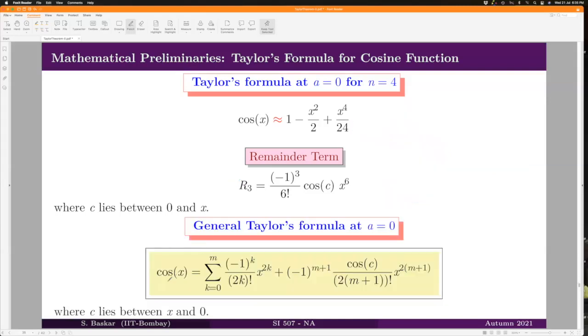In general, when we are expanding the cos function in a Taylor polynomial, the Taylor polynomial plus the remainder term is given like this. Okay. Similarly, care should be taken in writing any function where certain terms vanish in between.